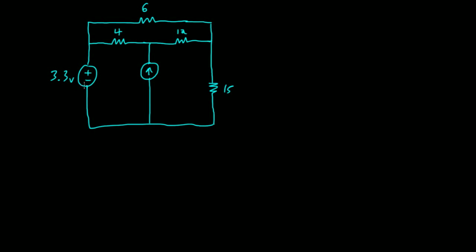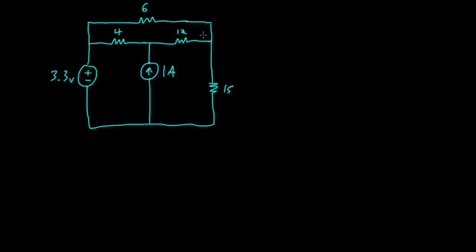Some Arduino boards put out 3.3 volts, and that's actually a pretty typical digital voltage. So let's say this is 3.3 volts, and this current source is putting out 1 amp of current.